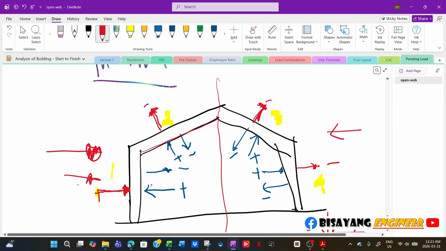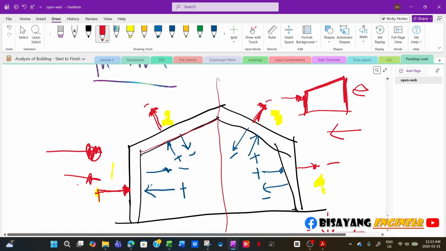I separated the two combinations because it's not always symmetrical. Sometimes it's different, especially if your frame is monoslope like that, right? So the wind force in this direction is different from when the wind is in the other direction because of the height difference between the two.